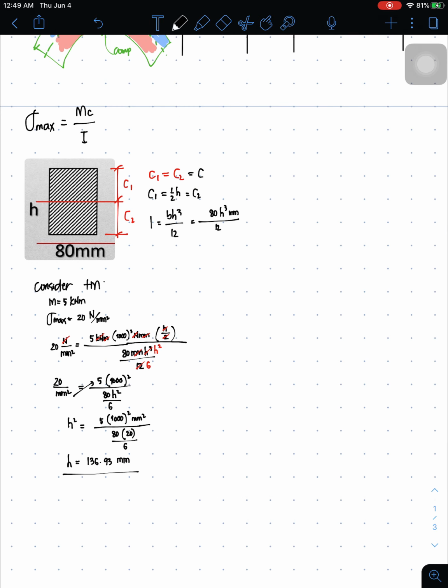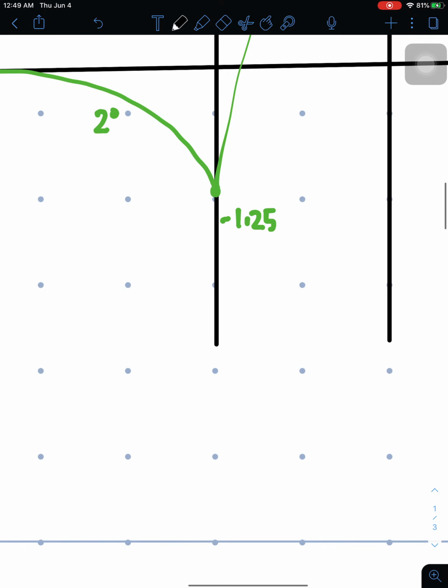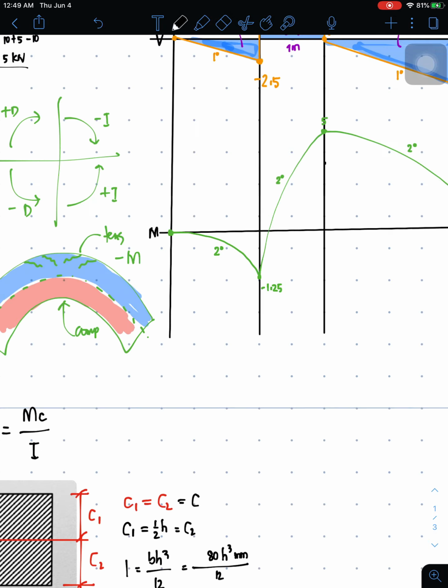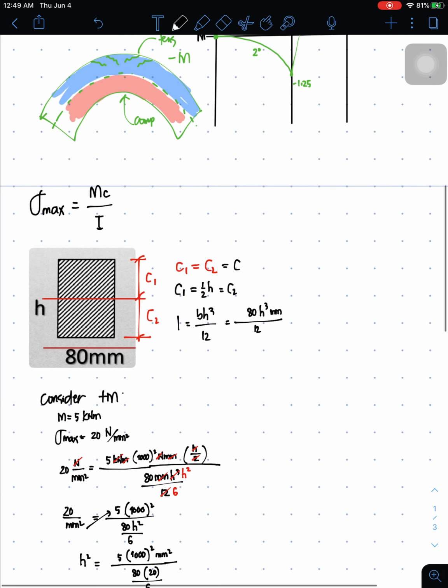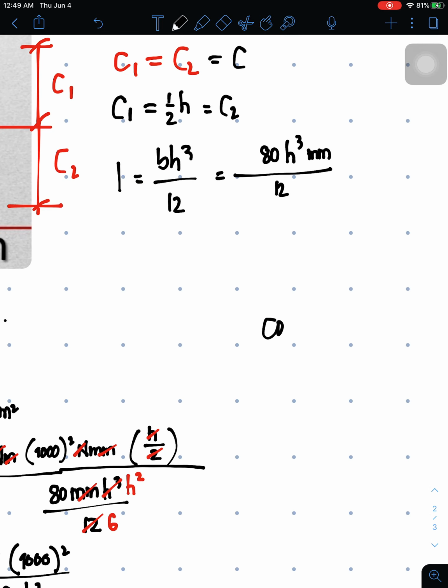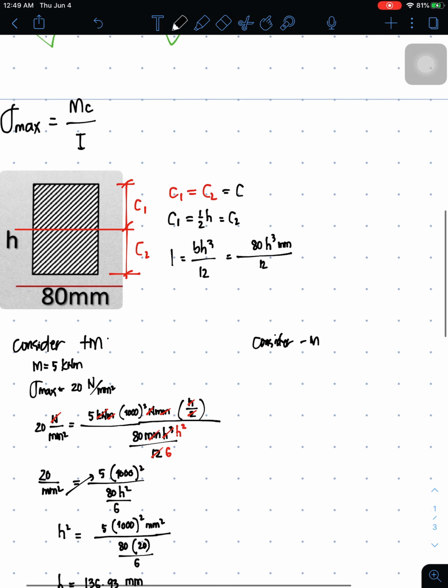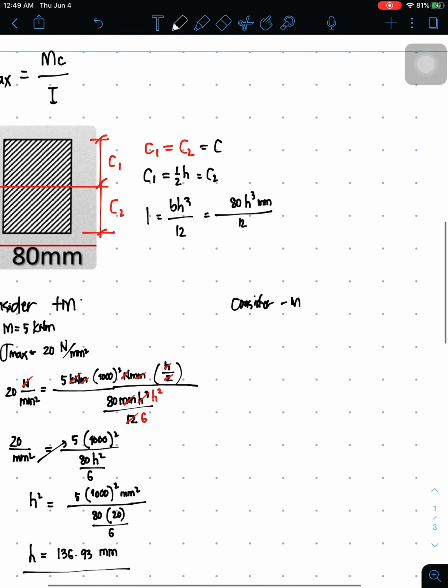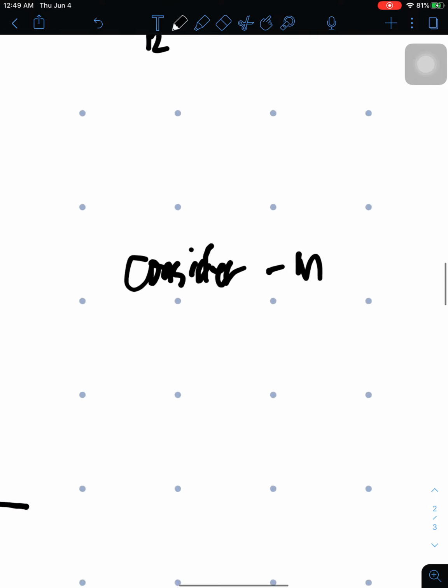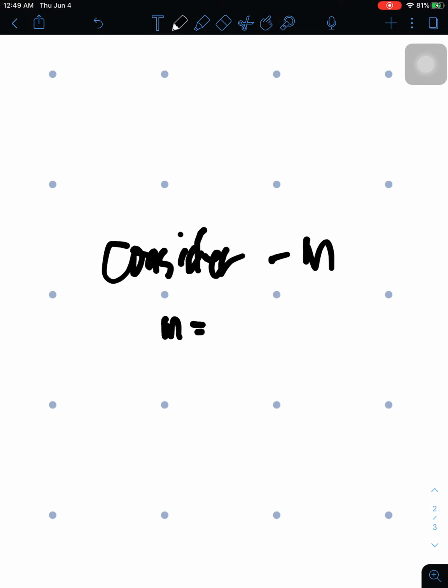No, not yet, because we have one more value, the negative one. We have to consider the negative moment before we conclude. So our negative moment is negative 1.25.